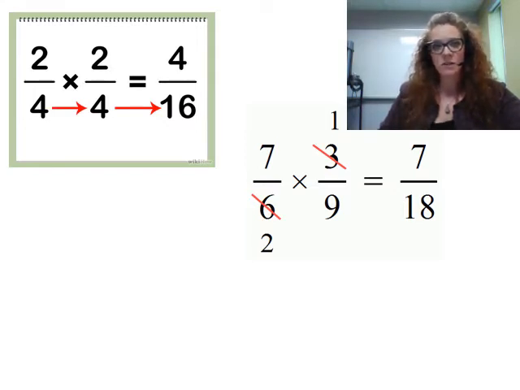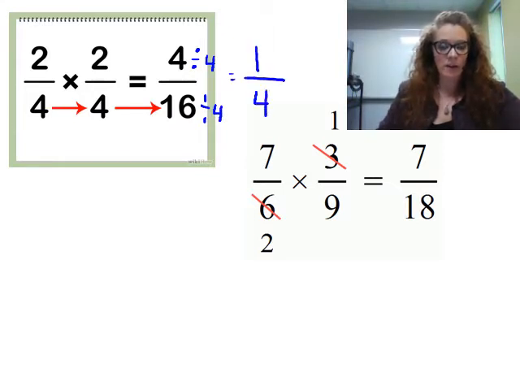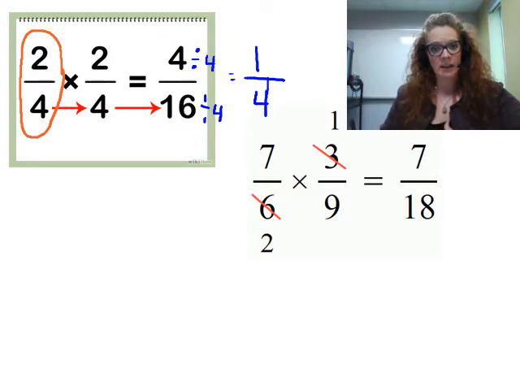So when you're reducing, you know that you're dividing. What you do to the top, you must do to the bottom. So if I'm going to divide by 4 on the top, I need to divide by 4 on the bottom, I end up with a quarter. But I want to show you a little trick, because there's an easier way to do this. If they would have reduced these fractions first, they wouldn't have had to do the reducing in the end.